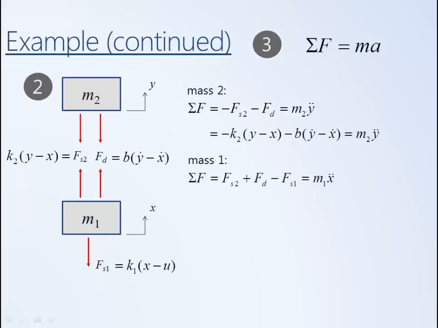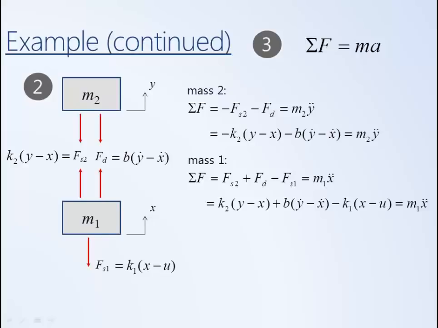So very similar form to the one we had for mass 2. We then substitute in our expressions for Fs2, Fd, and Fs1 to get that equation, and then we're basically done. That's the governing equation for mass 1.